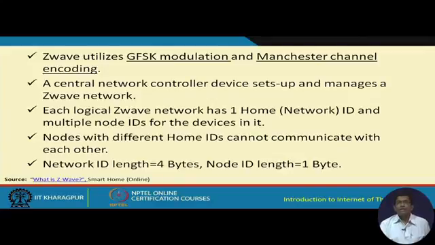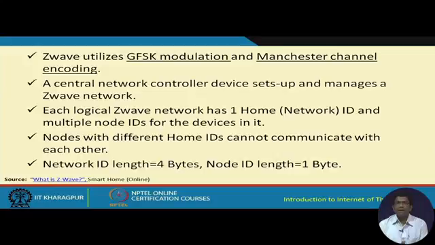Because the home ID is unique to a particular home, the other networks in other homes will not be able to communicate between these different homes. I hope that my point is clear.